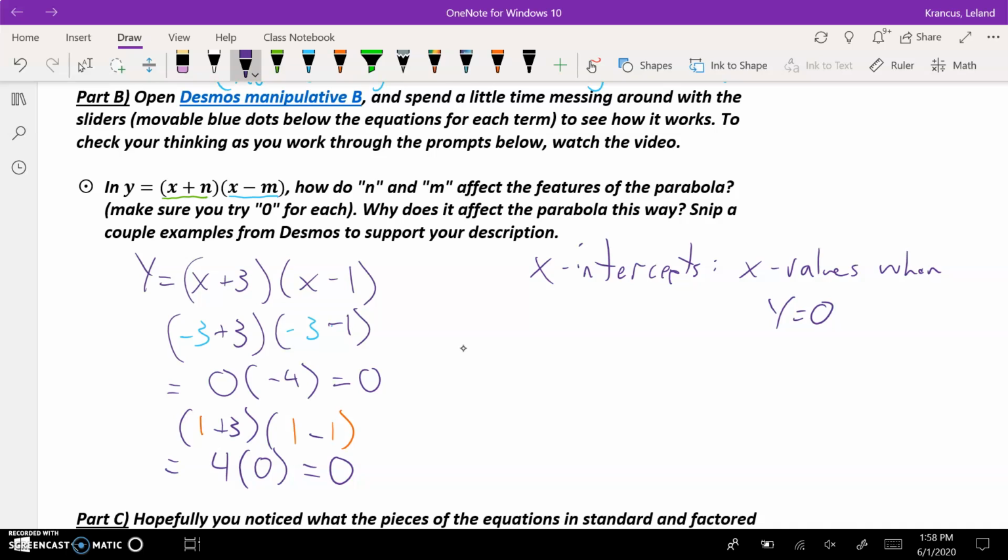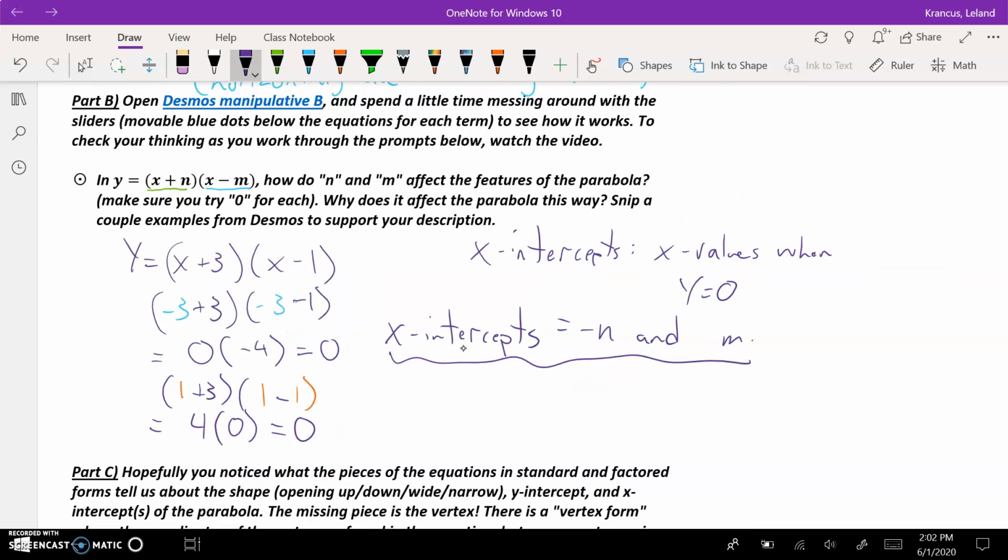So you could say the x-intercepts are equal to negative n in the case of x plus n, and m in the case of x minus m.